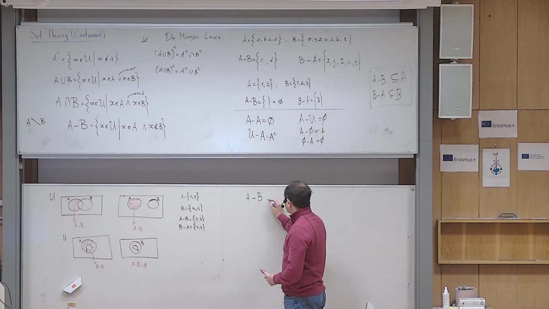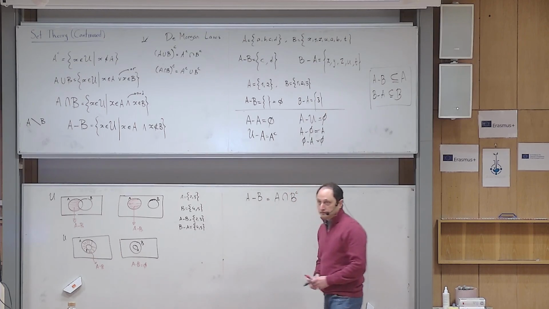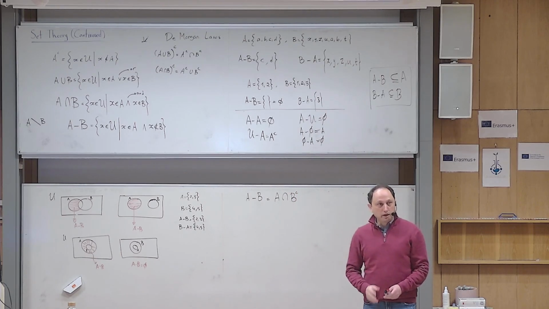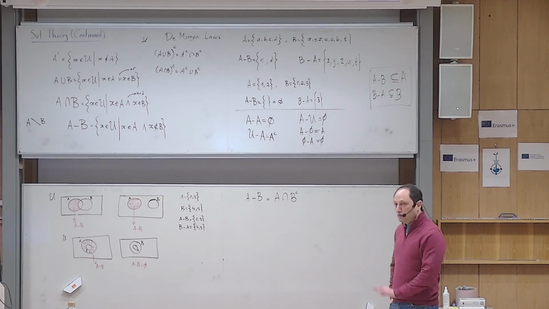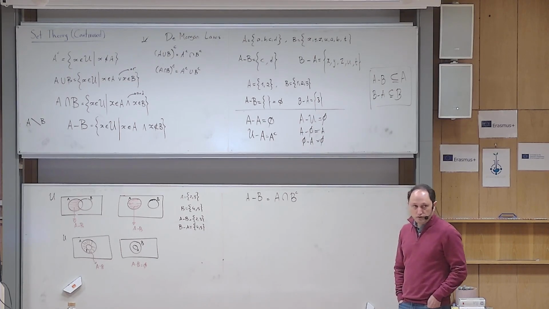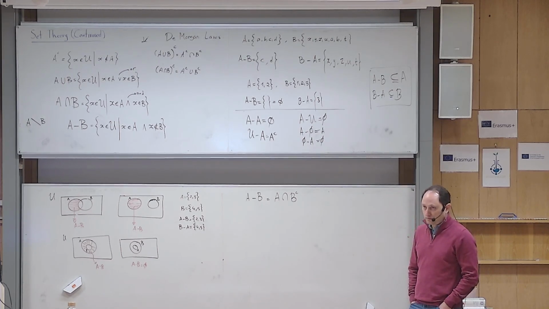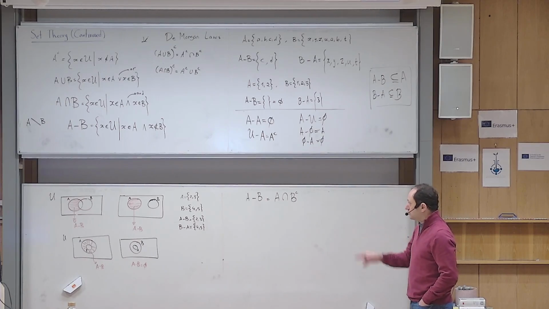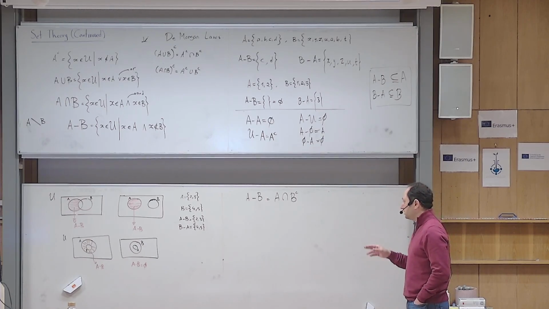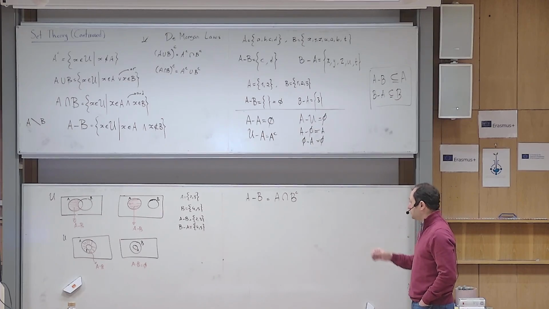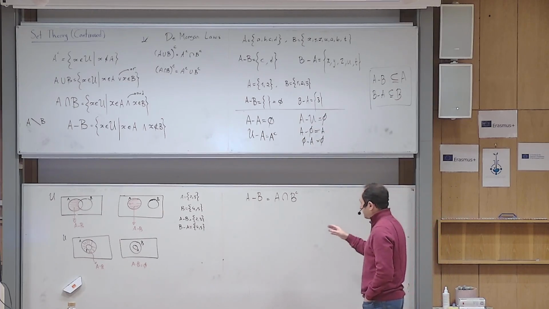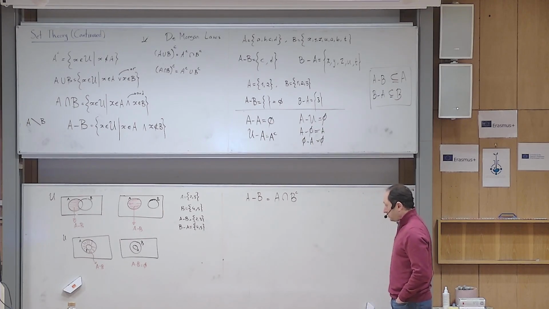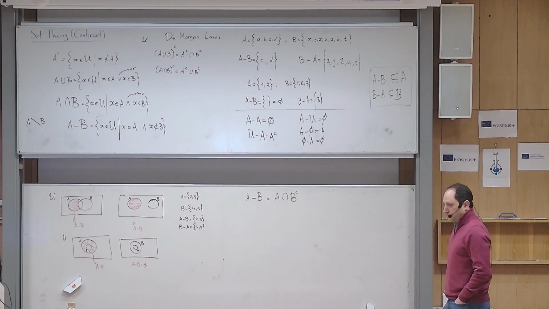So the formula is this. A minus B can always be written as A intersection with B complement. Okay? Before doing that, let us try to understand it from the Venn diagram point of view and then prove it rigorously. And then, of course, we can explore some interesting consequences of this.